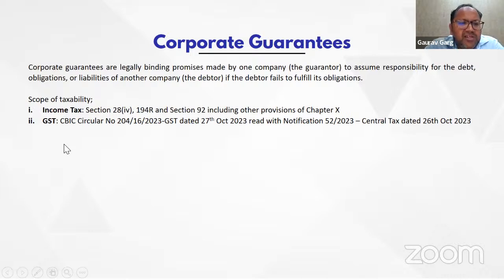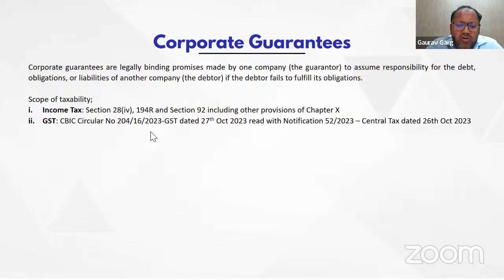And recently under GST, we have CBIC Circular number 204/16/2023, dated 27th October 2023, read with Notification 52/2023. So these are the provisions under which corporate guarantee is getting taxed under income tax and GST.